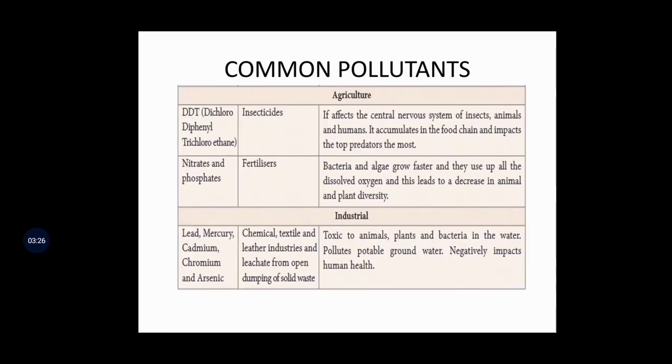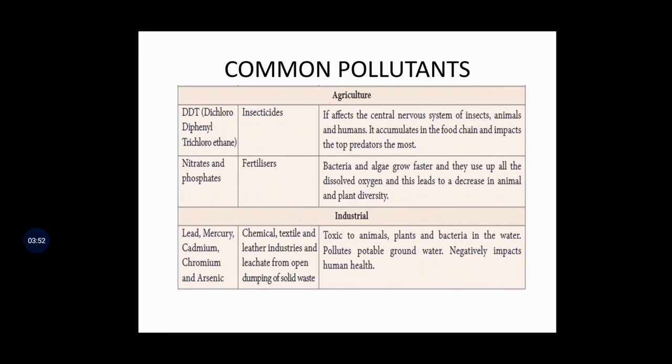The next common pollutant is DDT, dichlorodiphenyl trichloroethane, which is an insecticide used in agriculture. From the agricultural field, these insecticides are washed away in the rainwater, and once it mixes with the river water, we use that water for drinking.